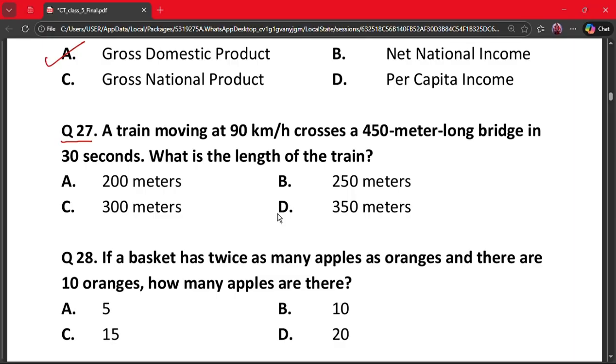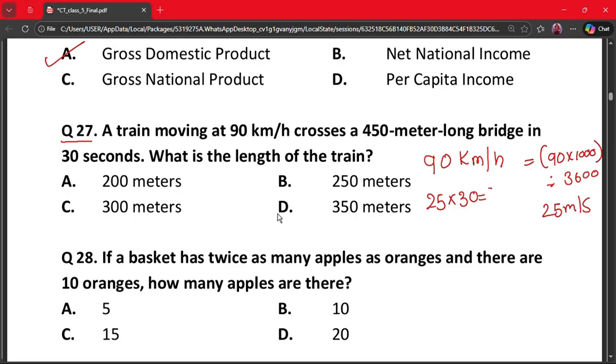So convert speed into meters per second. So here that is 90 km per hour. This is 90 into 1000 divided by 3600. This equation gives us 25 meters per second. Distance covered in 30 seconds, that is 25 into 30.